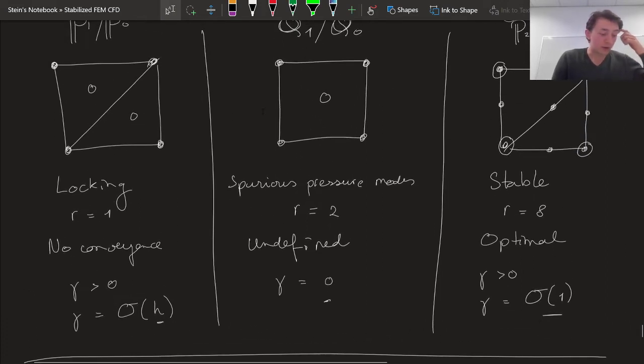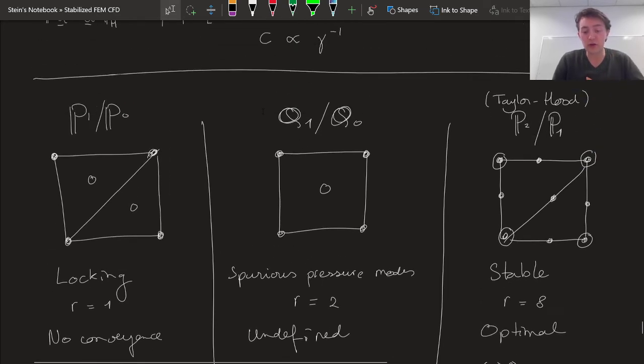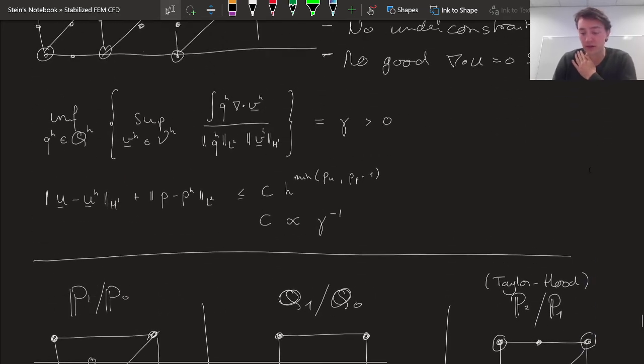How do we go about doing this? Well, there's always two sides to talking about discrete methods like the finite element method. We can talk about them in terms of functions in discrete function spaces, or we can talk about them from the linear algebra perspective. And these two perspectives are going to be equivalent, but either one is always going to be the more natural way of looking at things. And I think for what I want to talk about today, the most natural way to look at things is from the linear algebra perspective.